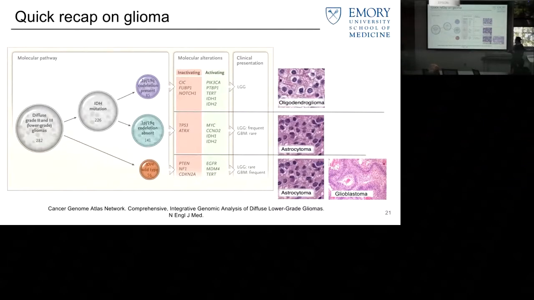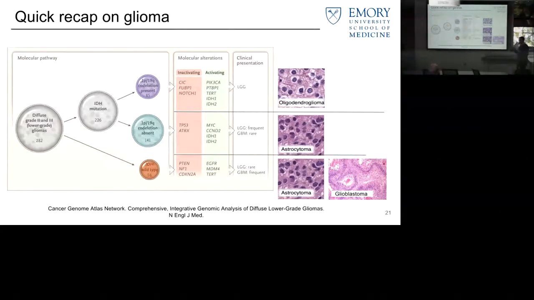So you get the stratification that you get in histology, but with additional stratification. This was the paradigm shift in how we think about gliomas, with genomics and histology combined.